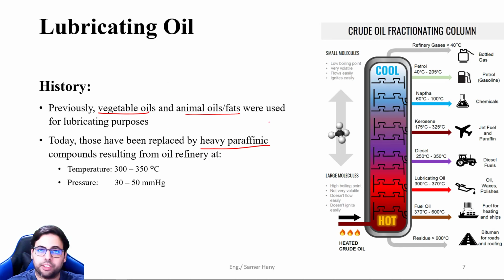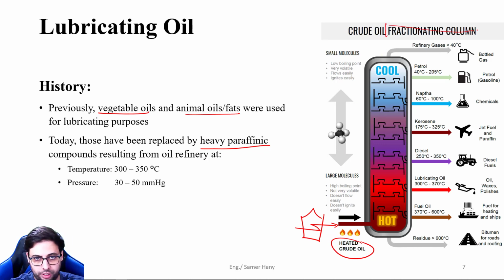So if we look at the oil refinery, we get crude oil. This is heated crude oil. Let's say it was heated in some heater in here, okay? And then it's introduced into this tower, a fractionation column or distillation tower, like you see in here, okay?